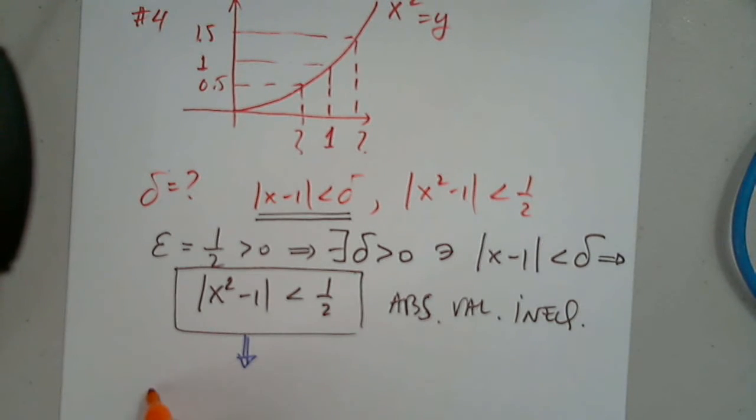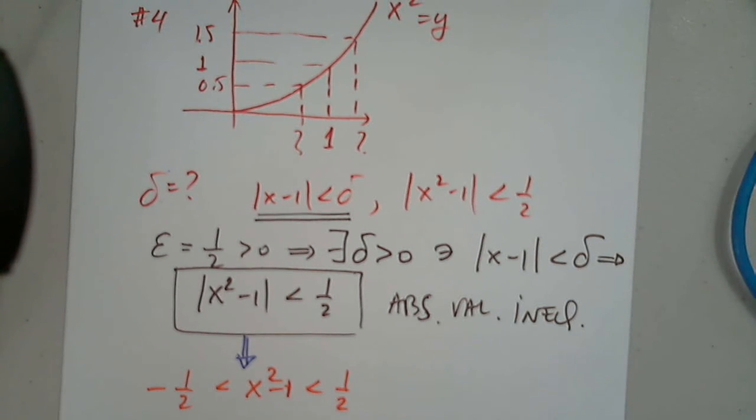So this particular inequality changes into negative 1/2 less than x squared minus 1 less than 1/2. There is no equal to, so I don't have equal to, sorry. Got carried away. So let me write on the side. We have two types of absolute value inequalities.